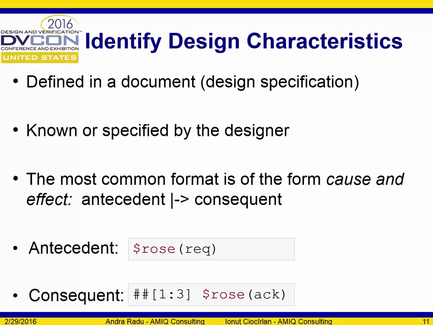The most common ones come in the format of cause and effect, so an antecedent and a consequent. An example would be the previous assertion that we had, in which after the rise of the request, we had a design property that it should assert the acknowledge signal no more than 3 clock cycles later.